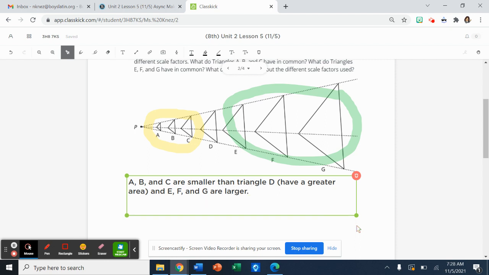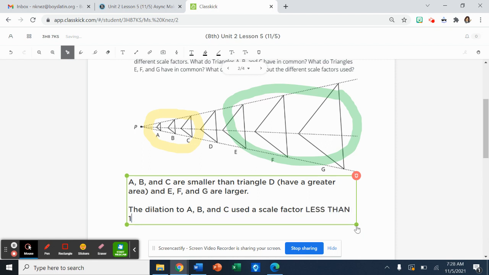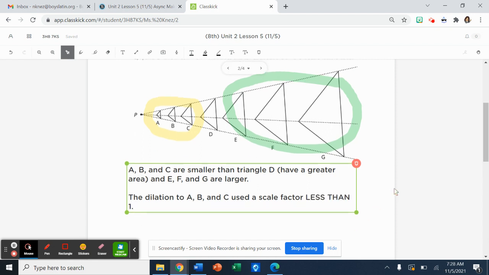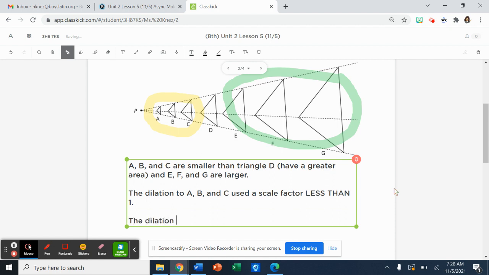That means that the dilation to A, B, and C used a scale factor less than 1 because it created a smaller triangle, whereas the dilation to E, F, and G used a scale factor greater than 1 because it created a larger triangle.